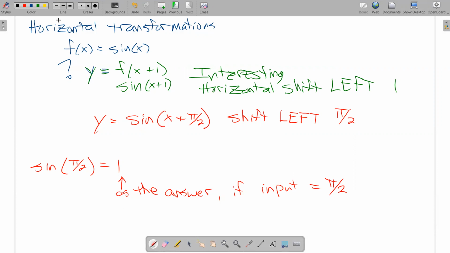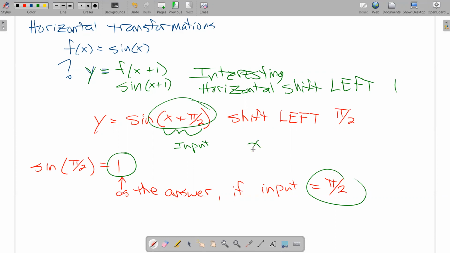So if I look at this function up here, there's my input. I need that input right there to be equal to pi over 2 if I want 1 to be the answer. Well, what number can you plug in for x to get pi over 2? In other words, x plus pi over 2 is equal to pi over 2 when x equals what?